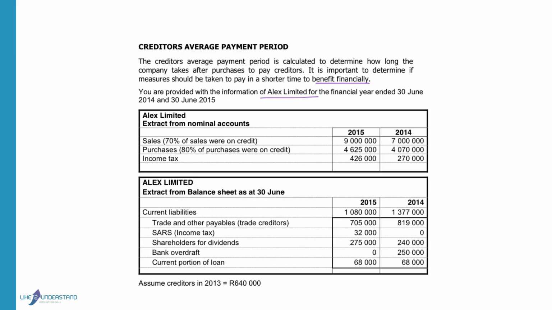So there's the extract from the nominal account section. We buy goods from creditors, so that means that we are interested in the purchases figure, and creditors are the people that we owe money to, so we are interested in the creditors figure, the money that we owe for purchases.